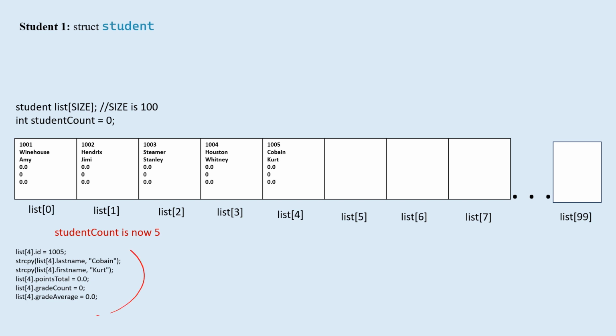I'm choosing to do it this way because this way is very clear, and it helps you guys, you are students, you should be learning and understanding how things work. So this helps me understand that this is an integer, this is a character array or string, this is a character array or string, and these 3 are doubles. So by doing it this way, I'm reiterating the fact that list at index 4, that's a student.